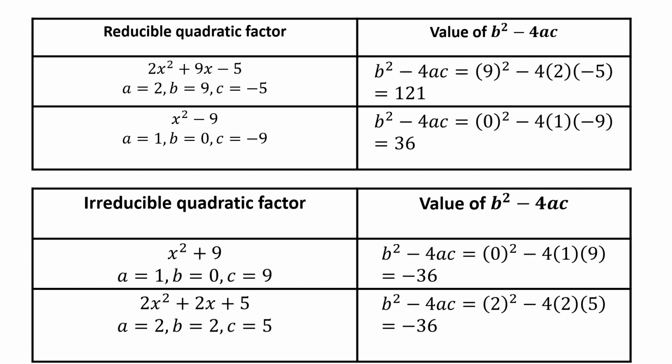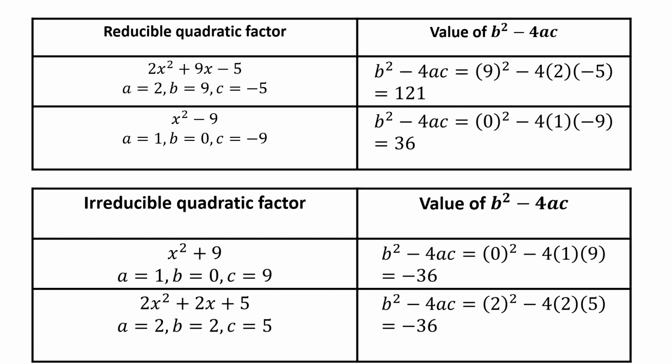So if you look at the first example that we have on the table, 2x squared plus 9x minus 5, you can write down the values of a, b, and c, and you sub into your discriminant, b squared minus 4ac, and you get a positive value. If it's a positive value for your discriminant, it means this quadratic curve has two real and distinct roots.